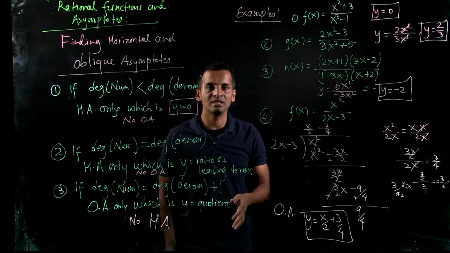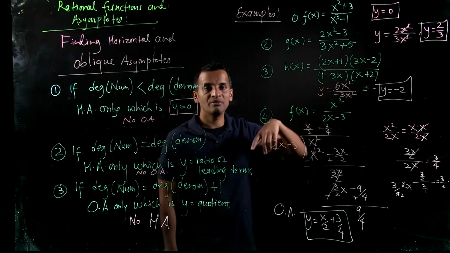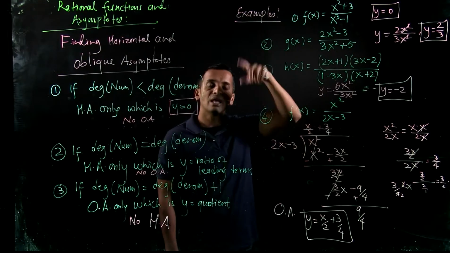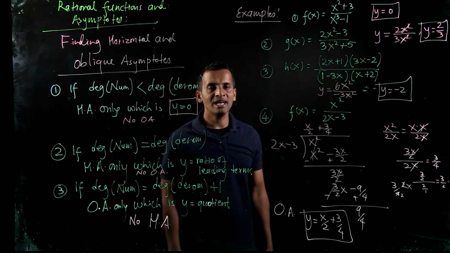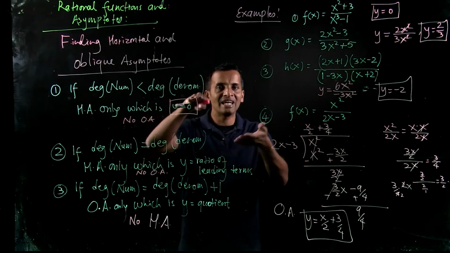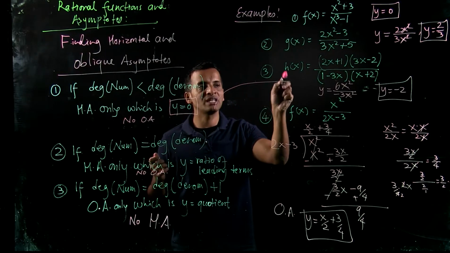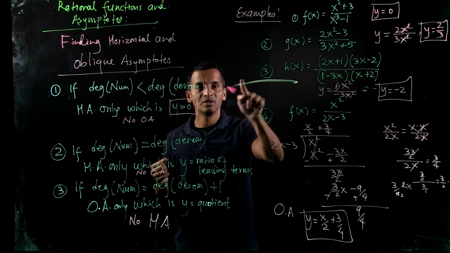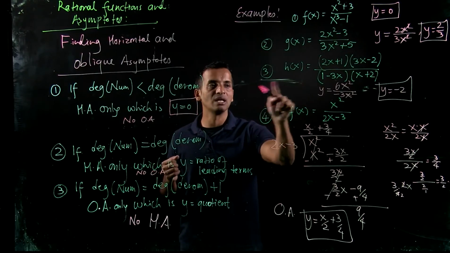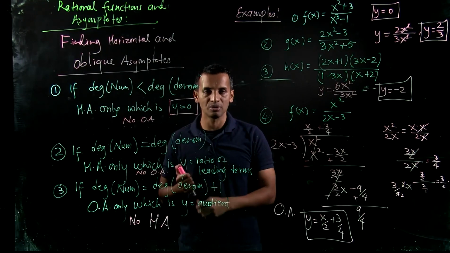Have you seen an electrocardiogram, that type of behavior? If you see the blow up, that must be the vertical asymptote, right? And for the horizontal asymptote, the curve will show smooth behavior, and then it goes to a horizontal line. That will be the horizontal asymptote. You can estimate from the graph as well, and similarly for the oblique asymptote.